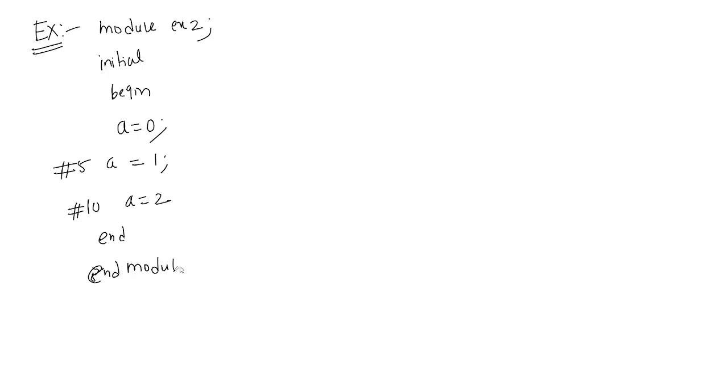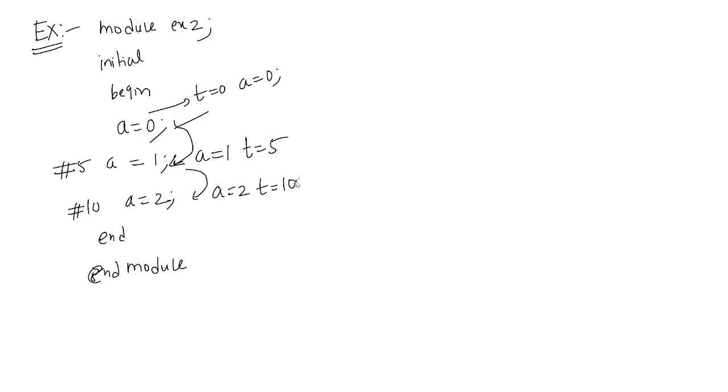First this is executed at t = 0, so a becomes 0 at t = 0. During execution of this instruction it is in the blocked state. After that, the next instruction executes, so a becomes 1 at t = 5 time units. Then the next executes, so a becomes 2 after 10 more time units. This is blocking.